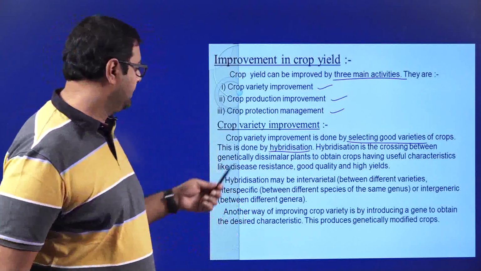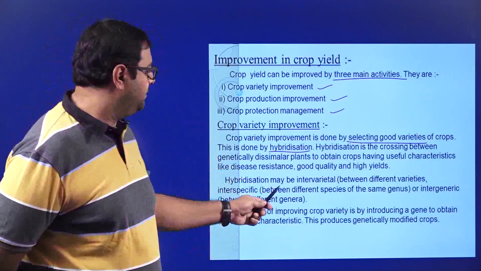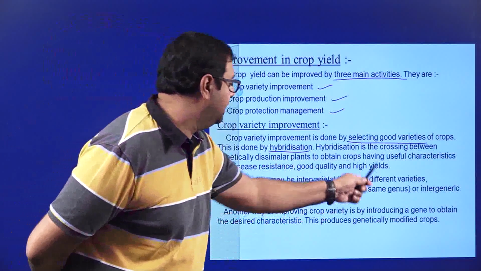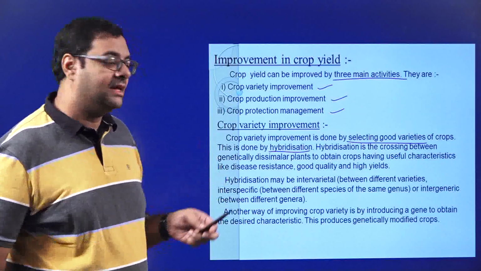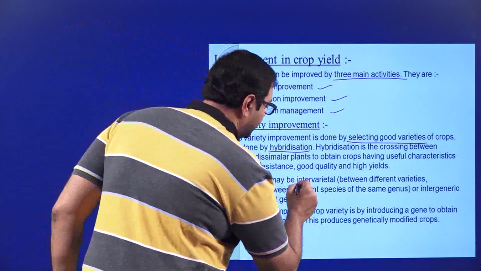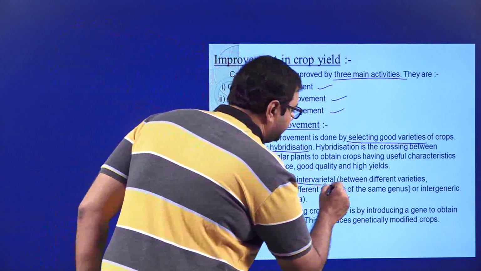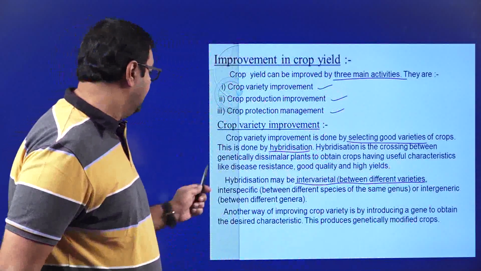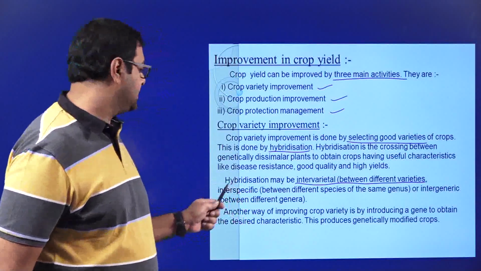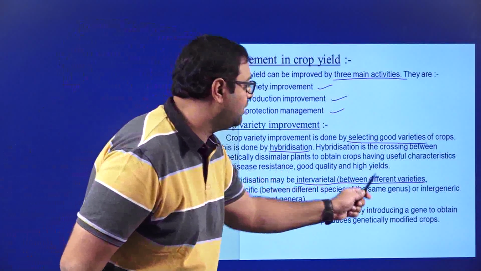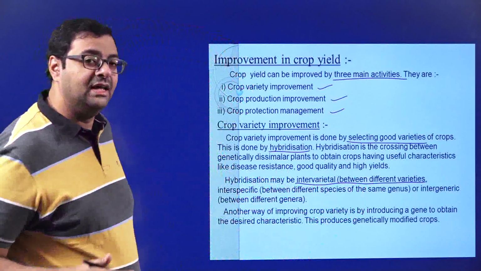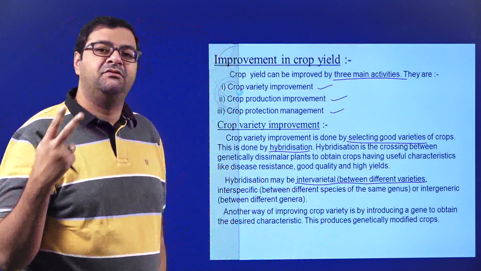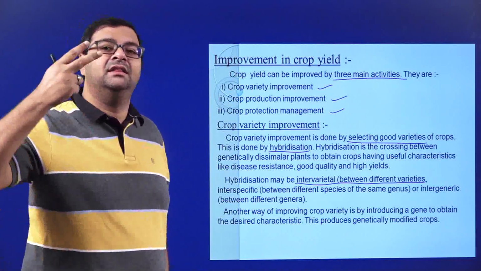Now, hybridization may be intervarietal, between different varieties. Then interspecific, meaning between different species of the same genus. For example, there are two different species of tomatoes, but the genus is the same.